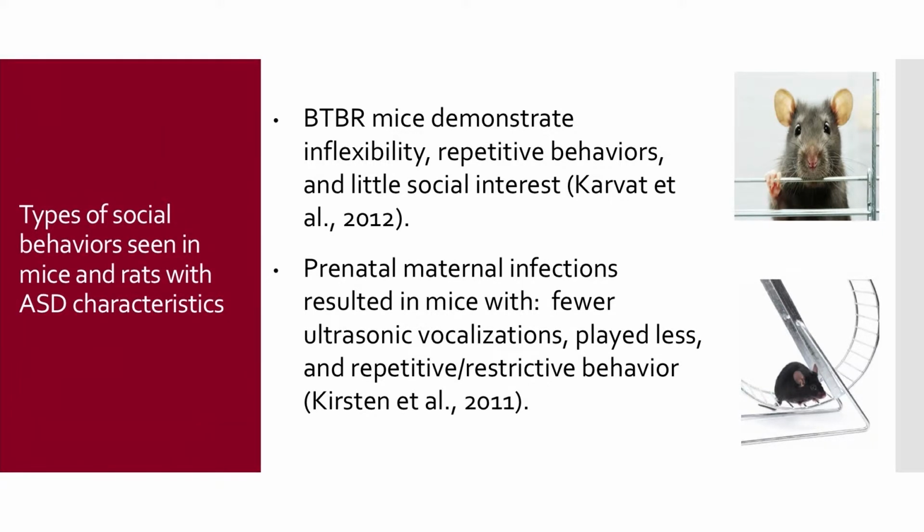They show little interest in other mice and rats. A typically developing rat or mouse, when they see another one that they don't know, will go up to it, touch it, smell it, and you don't see that in the knockout mice and rats. We also see that with prenatal maternal infections, these mice have fewer vocalizations, they play less, and again, they demonstrate restrictive and repetitive behavior.